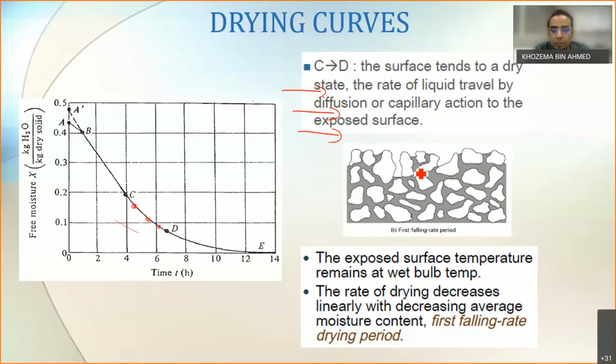The water first has to diffuse to the surface, and then from the surface it will be transferred into your hot air. So that is why we say the rate is based on the diffusion and the capillary exchange. Meaning that the longer you go, the deeper you go, the smaller the rate will become.